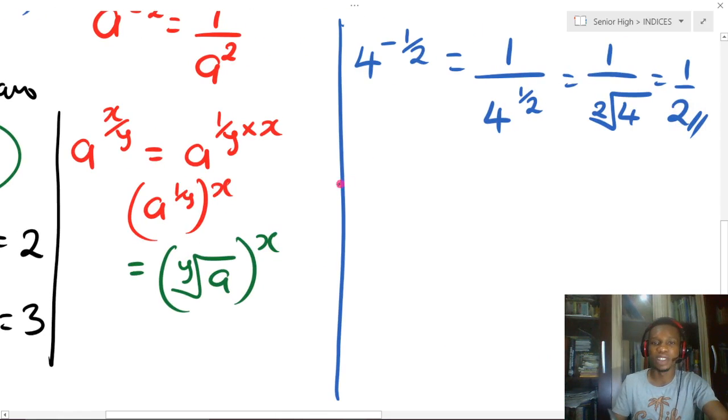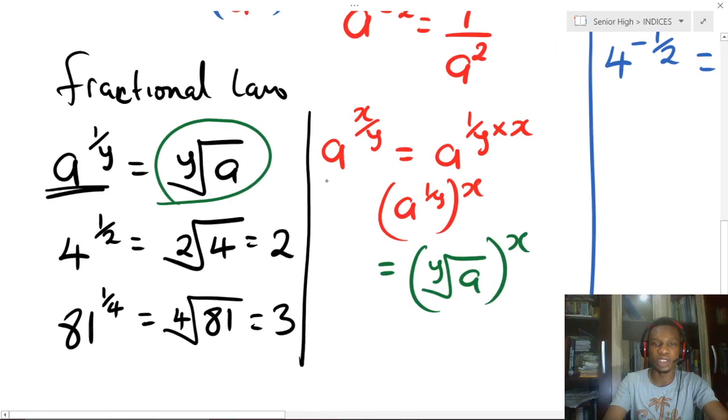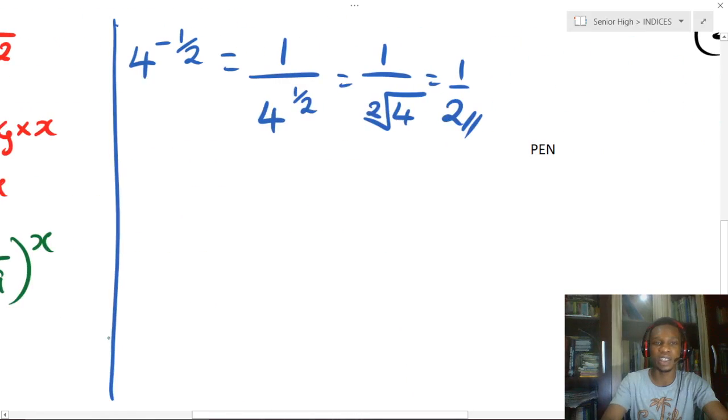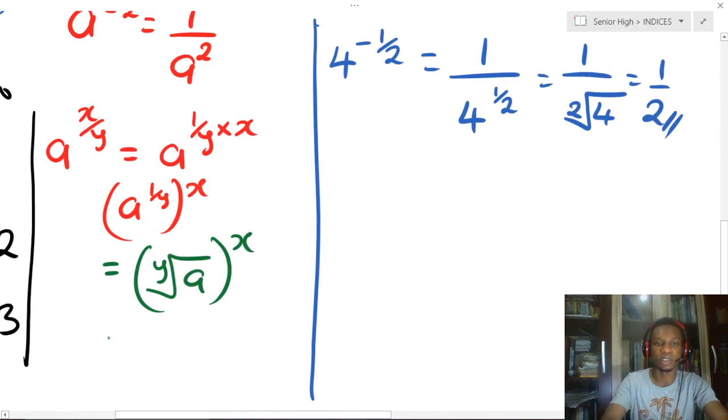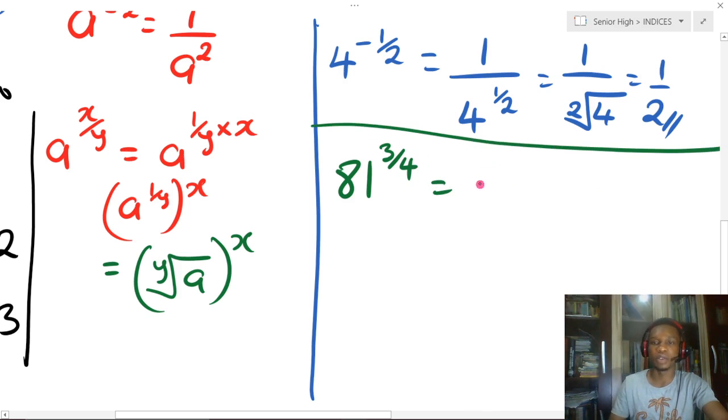Let's take an example. Remember we did something of this nature: 81 raised to the power of 1 over 4. So let's continue from there. Let's say they gave us 81 raised to the power of 3 over 4. Now what will it become? Let's draw a line here so we won't confuse ourselves.